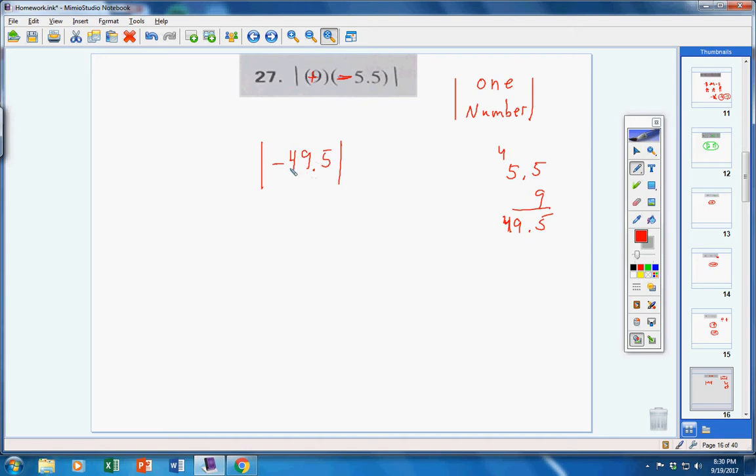Now, the absolute value of negative 49.5 is positive 49.5. Because remember, absolute value means make the number positive or leave it positive.